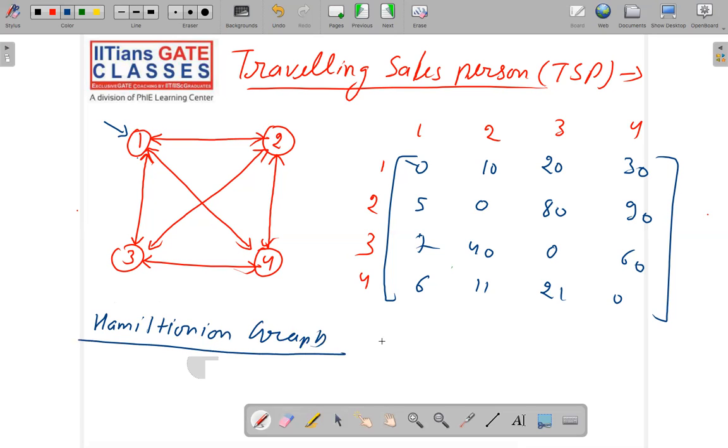I will tell you what is NP, NP complete, NP hard, and P. But before going into it, let's see what the problem is. You have to start from 1 and traverse all other cities or nodes exactly once. You can't go back there again. You have to find the minimum cost, and you have to come back to this node also.